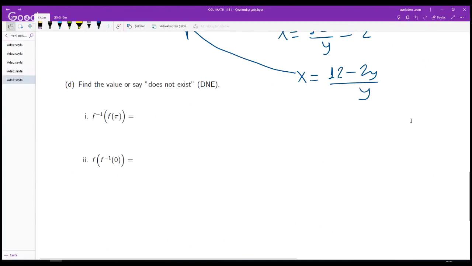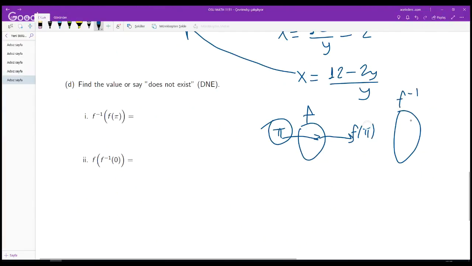So first, this is the f function. Let's check where it leads when it takes p as input. Then this is f of p, and then we will send that f of p to f inverse.